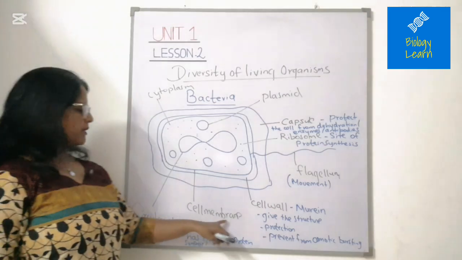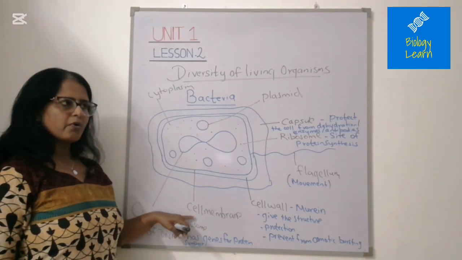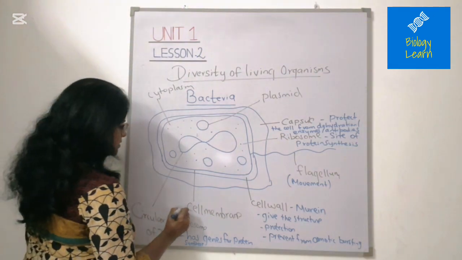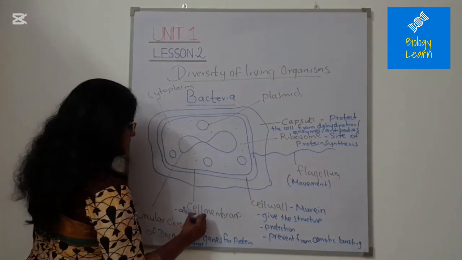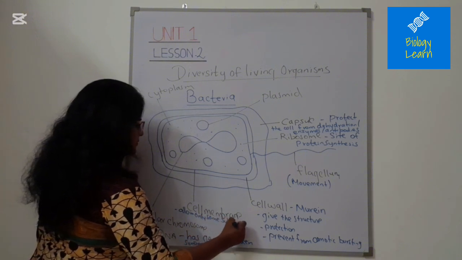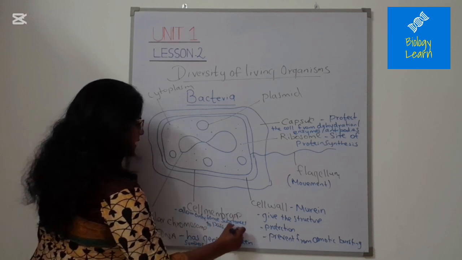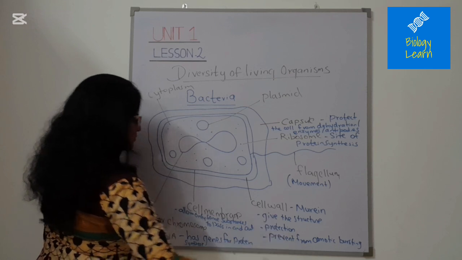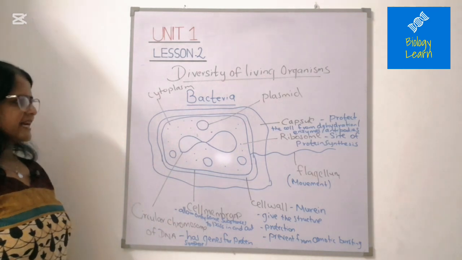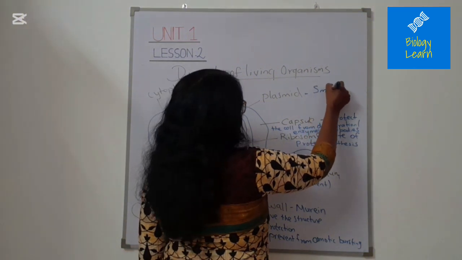The function of the cell membrane: it is a selectively permeable membrane, so it allows only some substances to pass in and out of the cell. And the plasmid is a small circular DNA.